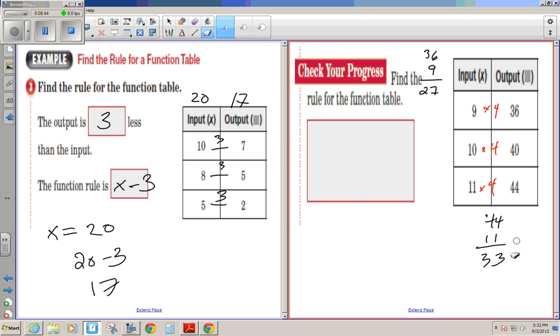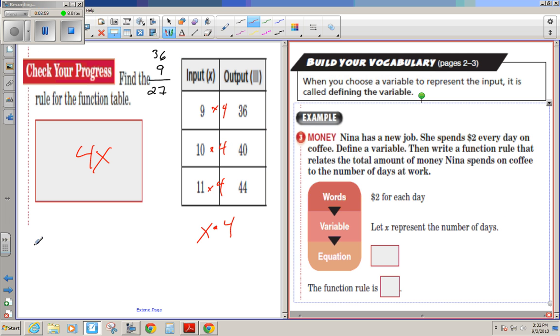So when you multiply by 4, you now are taking the x value and multiplying by 4. So my expression is just 4x. When you choose a variable to represent the input, it is called defining the variable. So that's what we're doing right here, defining the variable.